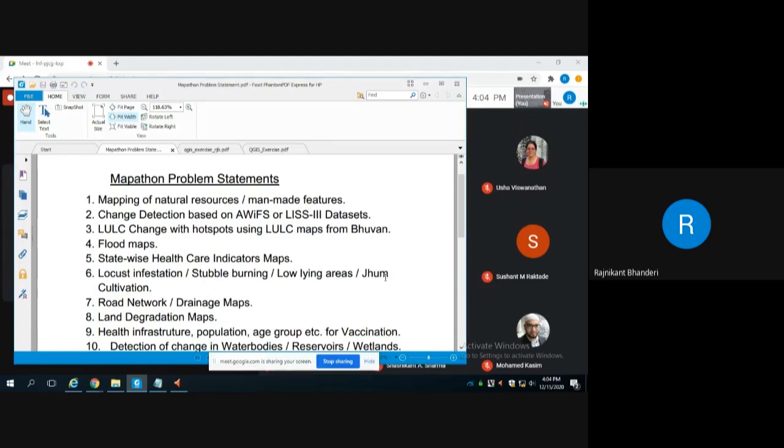And in the case of jhum cultivation, this phenomenon is observed particularly in the northeast, in hilly areas. Every year, or for a particular season, people burn the forest area and clear some patches for agriculture practices.